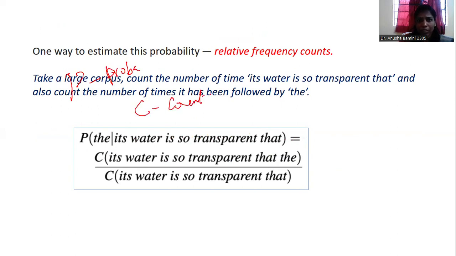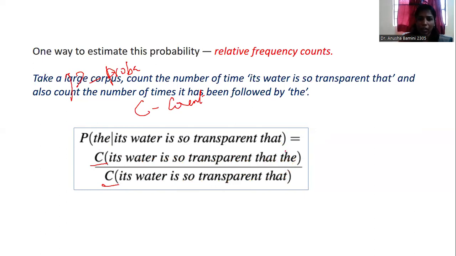Okay, count the number of words, that is, the frequency of words to be counted. That's why C is represented here. So the probability is calculated as the count of the word occurring with the, divided by how many times the word is occurring without the.